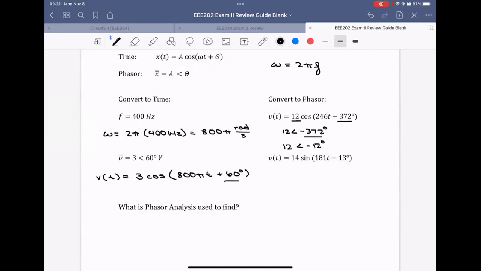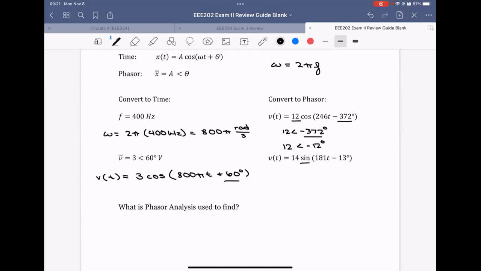You could do the next one the same way, but this one's a little different because we have something else thrown on there. It's 14 sine. So you need to watch out and see if it's in sine or cosine. So this one's 14 sine. To change from sine to cosine, we're going to add 90 degrees to it.